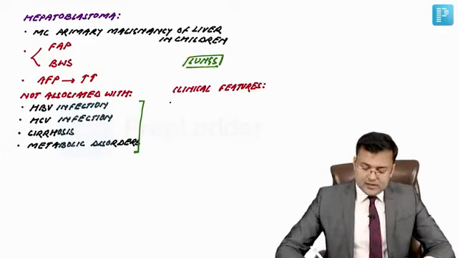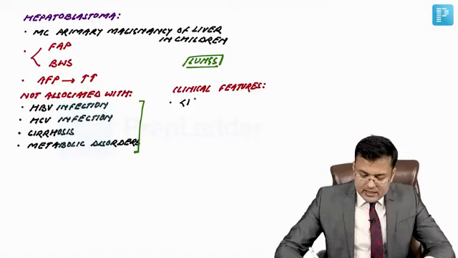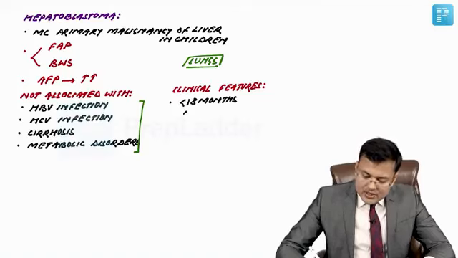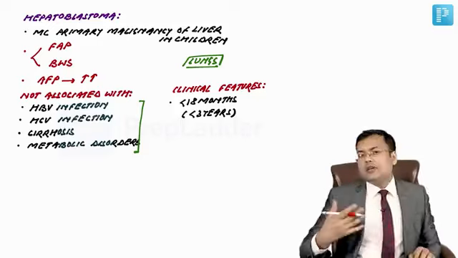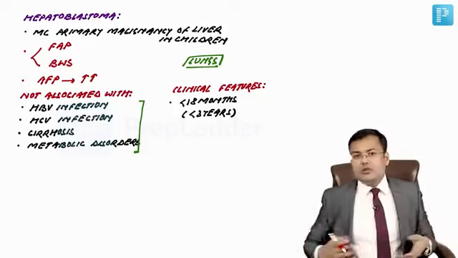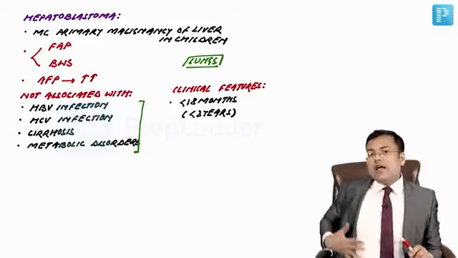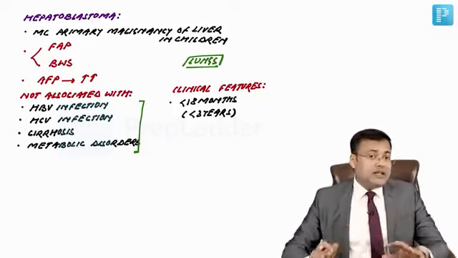See the clinical features. Most patients are less than 18 months of age, and all patients are less than 3 years of age. What is the presentation? When the mother is giving bath to the baby or changing the clothes, mother is going to notice what? Abdominal lump, which is asymptomatic.